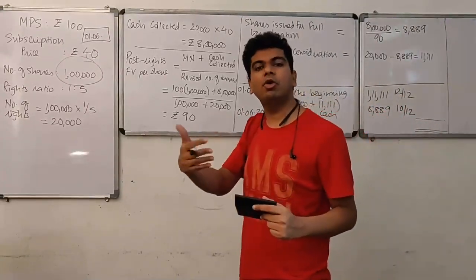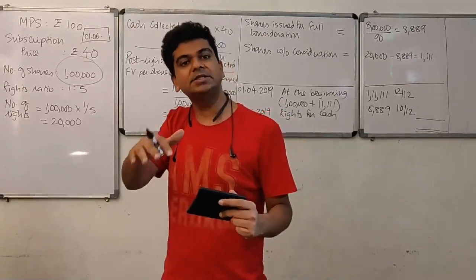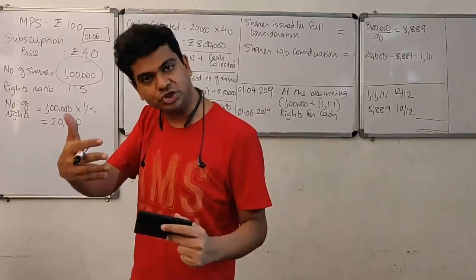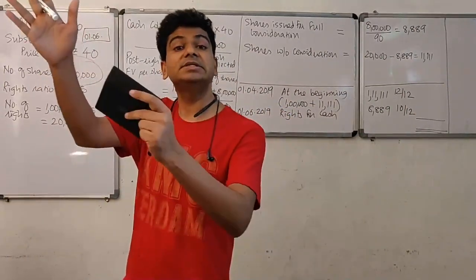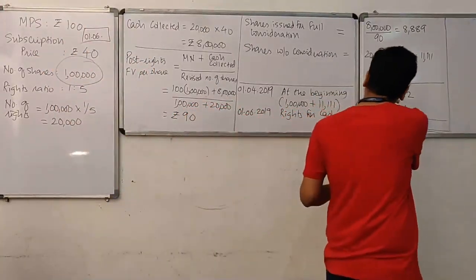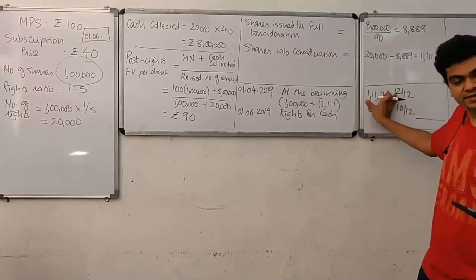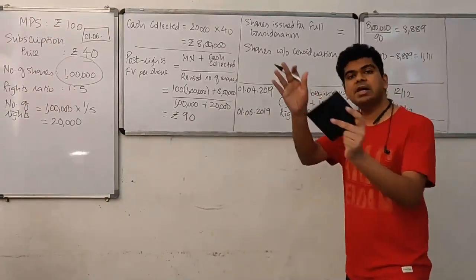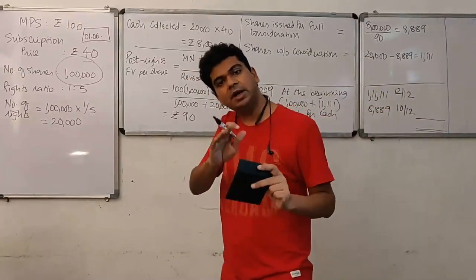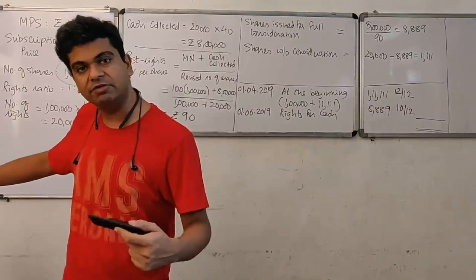So there are certain number of shares for which you have not received any consideration at all. Consider them to be as good as bonus shares. Bonus shares means consider from the very beginning. And that's the reason I will adjust the number of shares at the beginning. Instead of considering 1 lakh shares, I will say it is 1 lakh plus the bonus element, which in our case is turning out to be 1,11,111 shares.